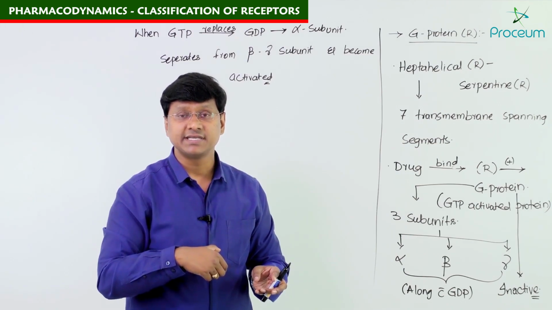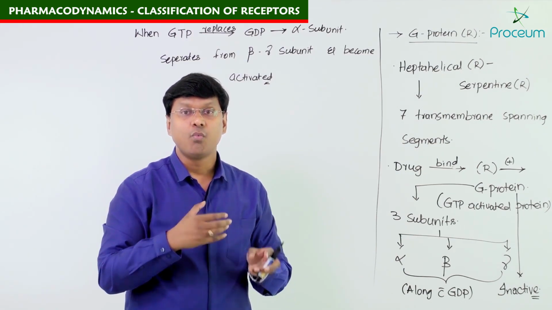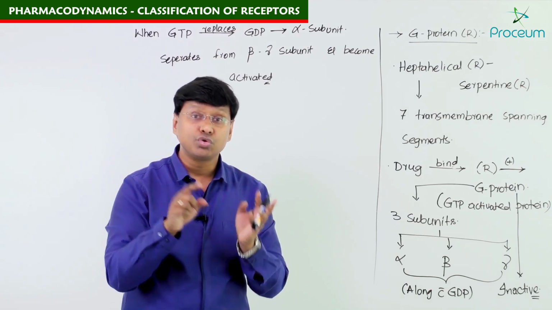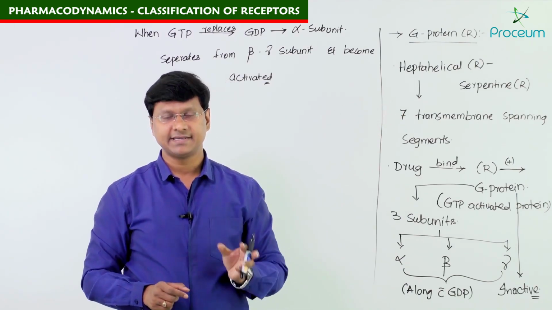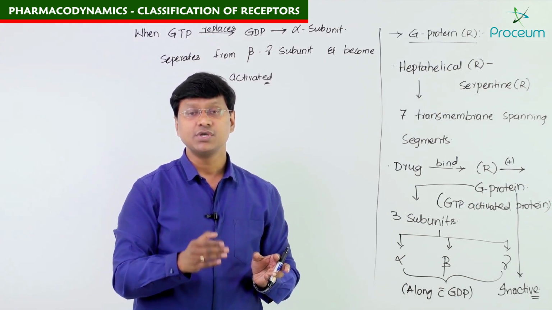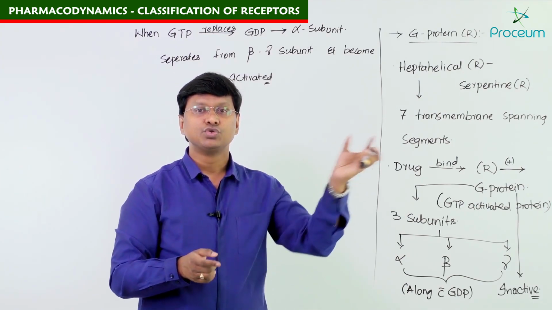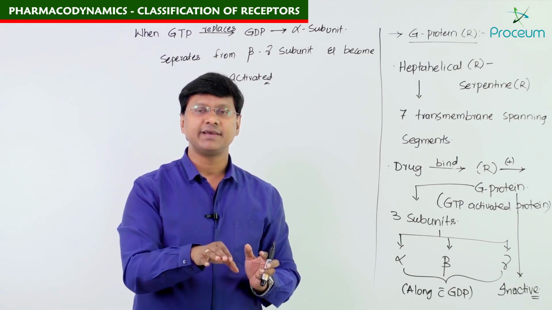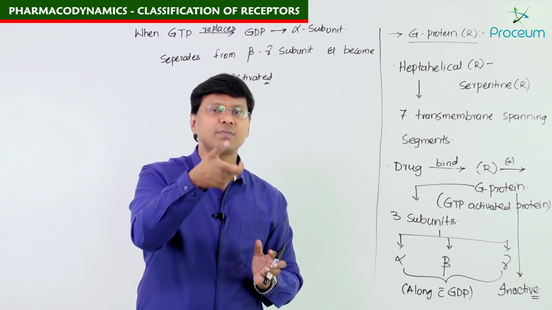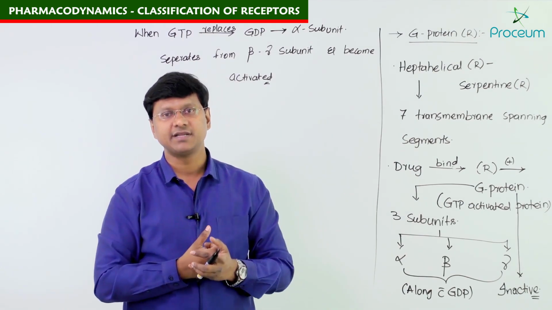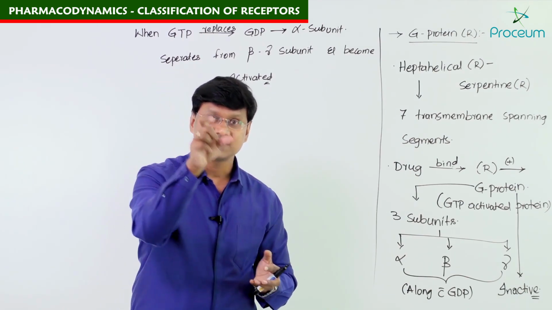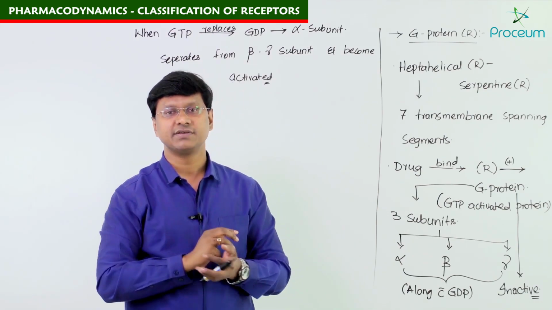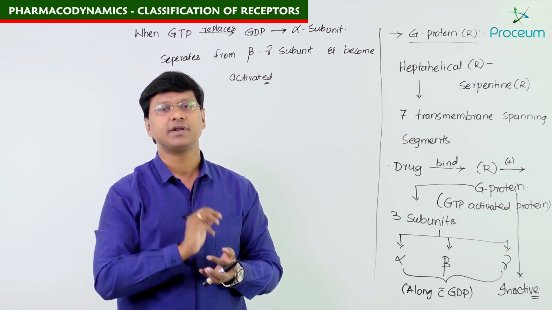So what we are discussing now is the various types of receptors through which the drugs will be acting, and in depth, the mechanism of activation of that particular receptor. Once that receptor is activated, only then will the drug show its pharmacological action. So that is what we are trying to discuss now.